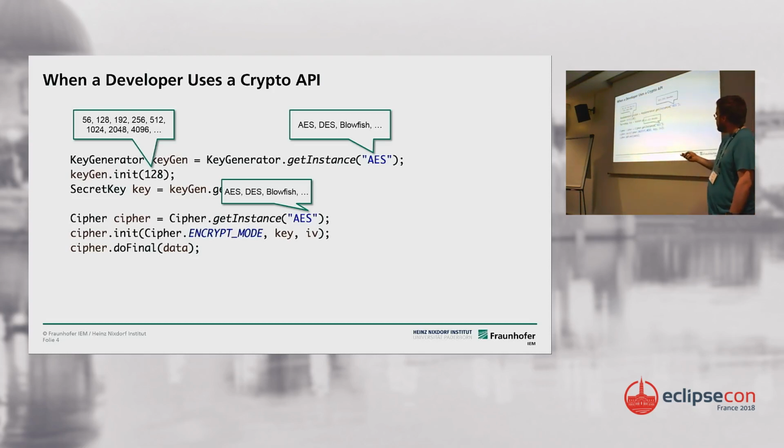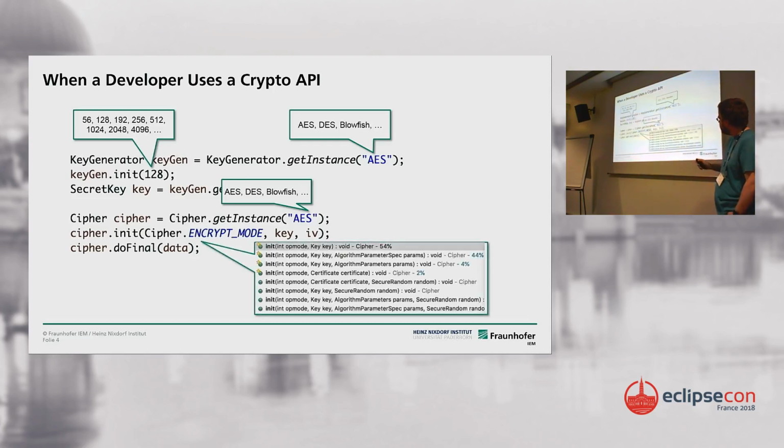Now there's lots of other stuff that I could point to. One last thing I would like to show you is the number of overloads that this simple cipher init method here has. So these are 9 methods, if I counted correctly. And the first time I used this API, I had no idea which one I was supposed to call. And I decided to go with this one here because it had only 2 parameters and I already had a key.